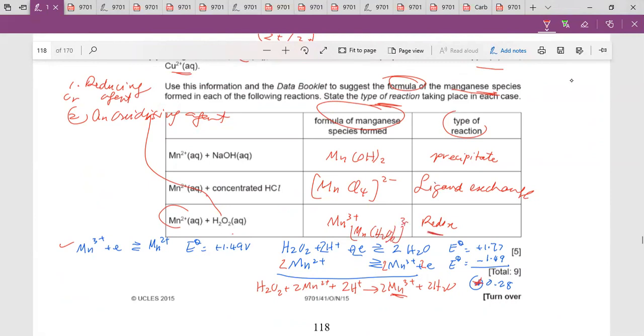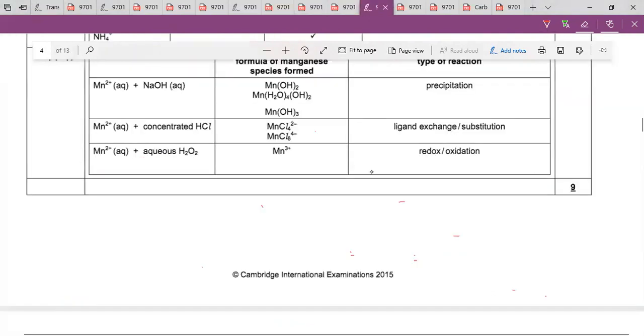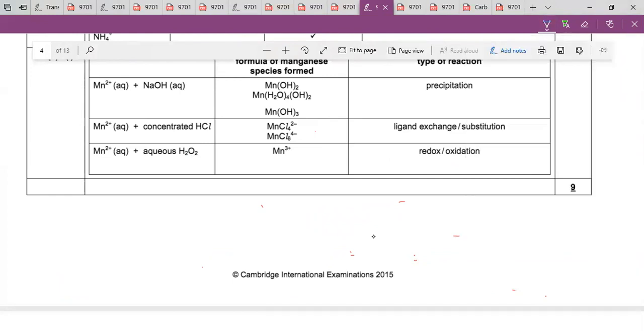Okay, let's look at the marking scheme. All right, here. See, with hydroxide, you get the hydroxide here, precipitation. Let me put this, okay. Or you want to put the water, also can.